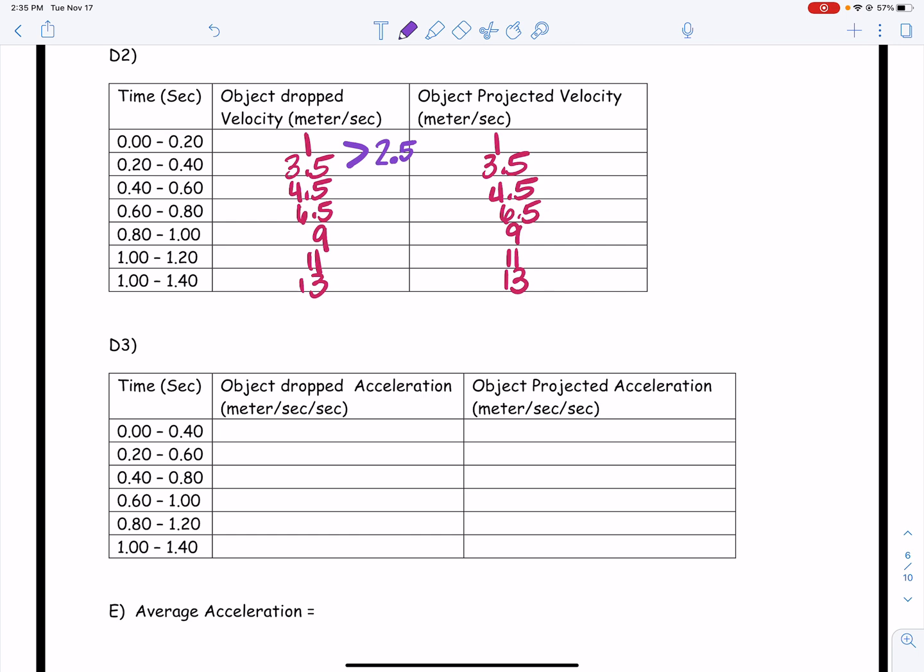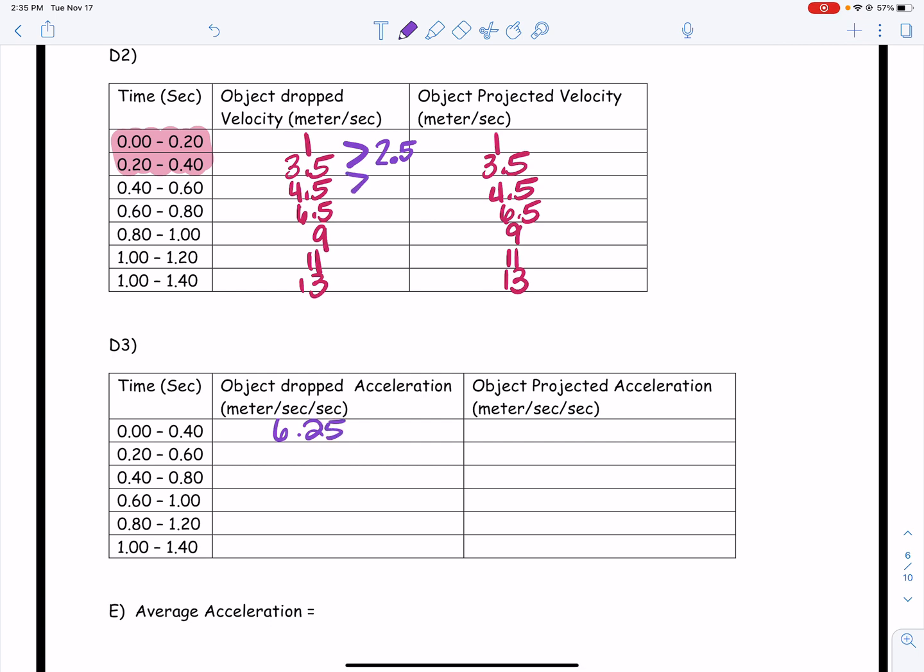I'm sorry, I can't get my calculator to work. Oh my gosh, 2.5 divided. Okay, so, but now I'm looking between these two, so between 0 and 0.4. So I'm going to take 2.5 and divide by 0.4, and I get 6.25.